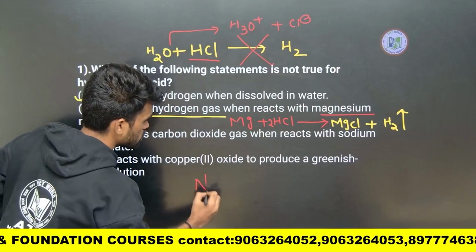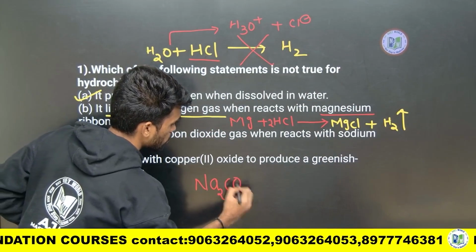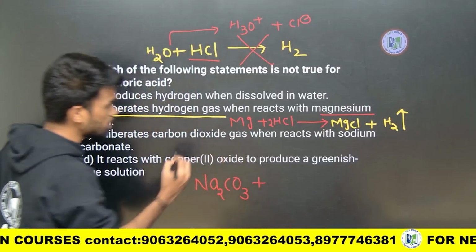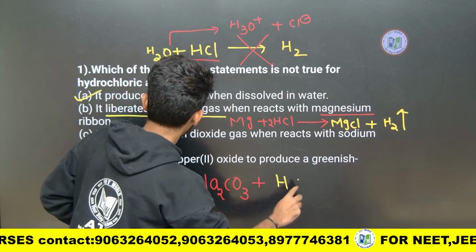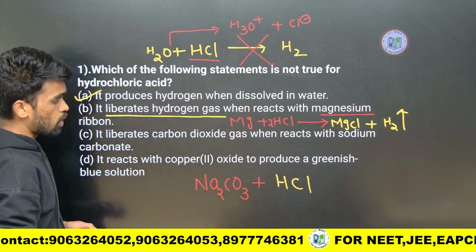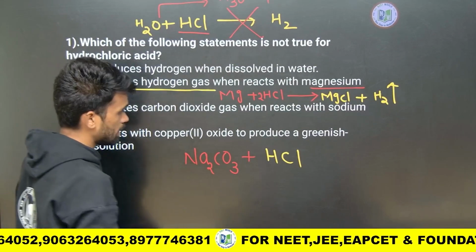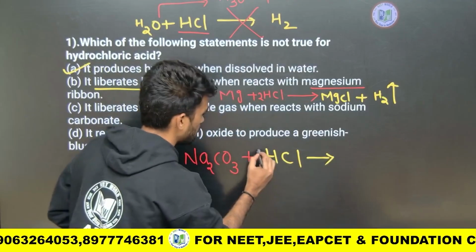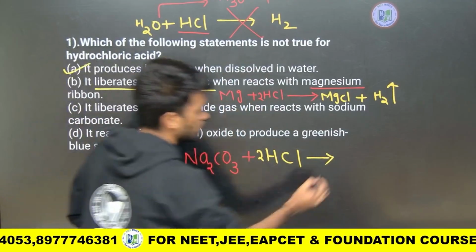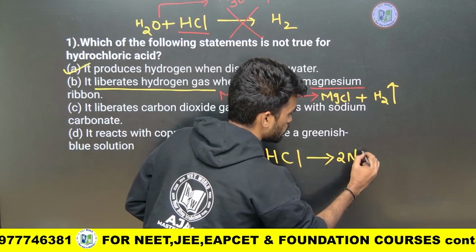Take Na2CO3, sodium carbonate, and now react it with HCl. So what will it liberate? Look, what is the answer we can get here? Yes, so here we will be getting 2 moles of NaCl produced.